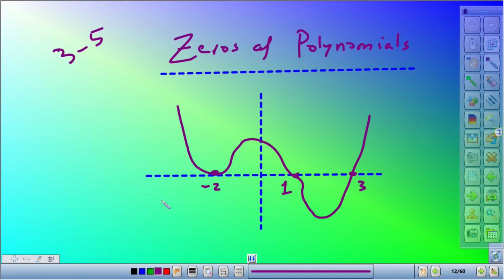What they're saying here is, what is this function? The zeros are obviously the touching points, right? I've got this one here, this one here, and this one here.